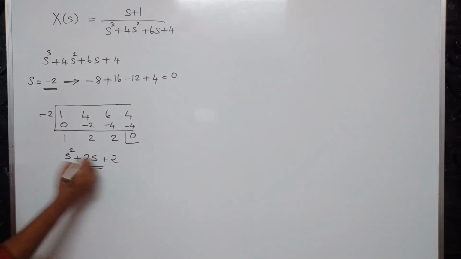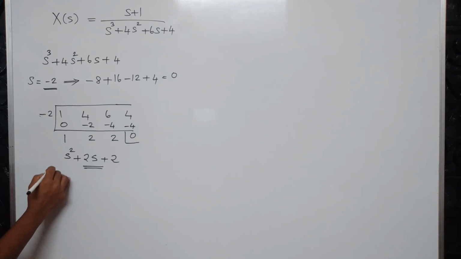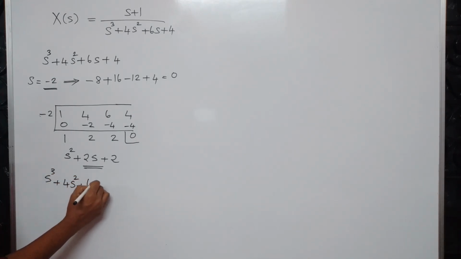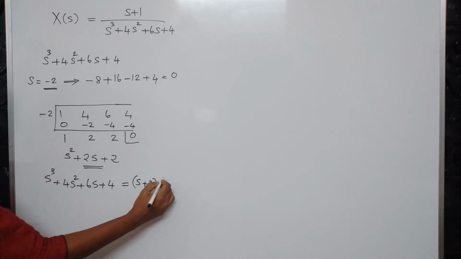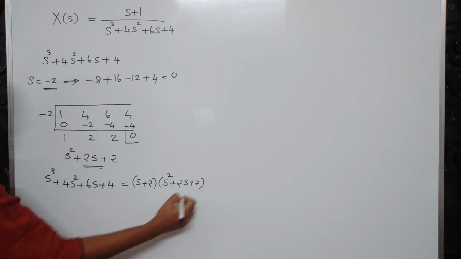So this cannot be further factorized. So s cube plus 4s squared plus 6s plus 4 can be written as s plus 2 into s squared plus 2s plus 2.